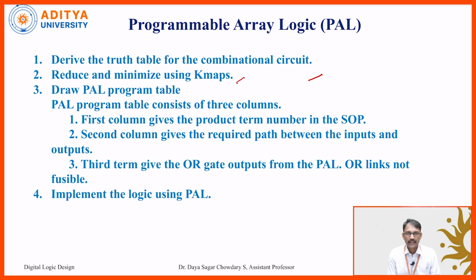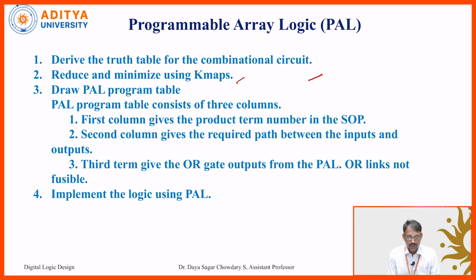Mostly K-maps are used to optimize the circuit or reduce the equation or expression. Then draw the PAL program table, which indicates the complete PAL content. It contains the literals, that means the variables, and the outputs also.